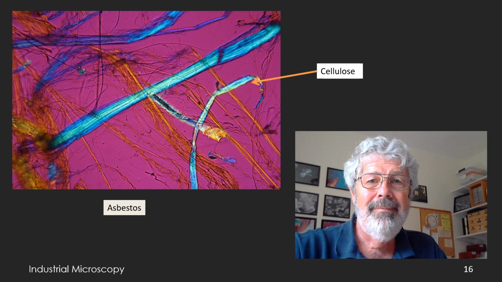In my textbook on pharmaceutical microscopy, I devote an entire chapter to the subject. The web has a lot of information. So in the next set of videos, I'm going to be looking at fiber identification. And as I said, I hope to cover most of the common fibers.